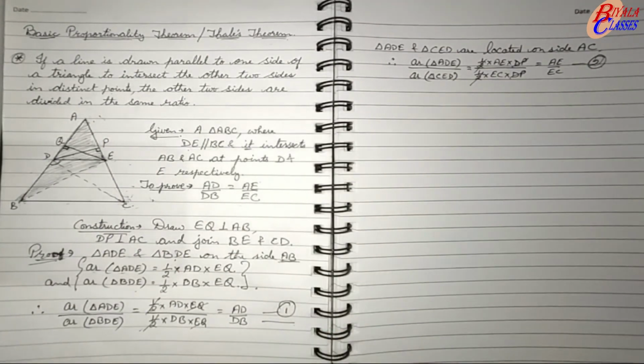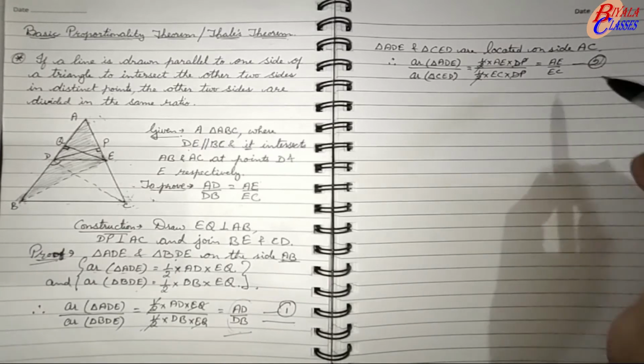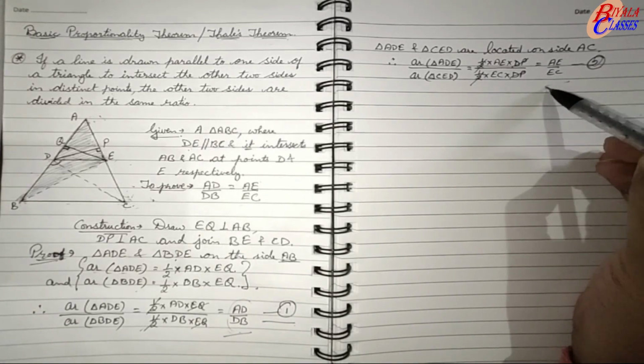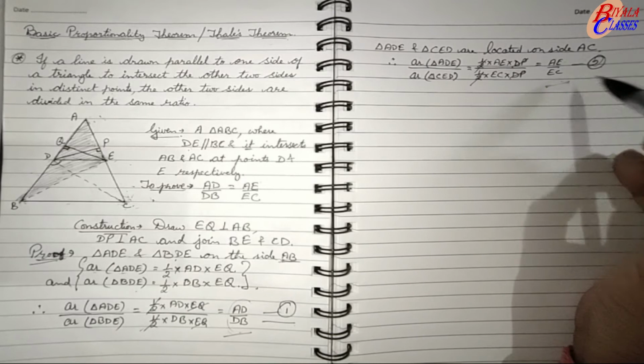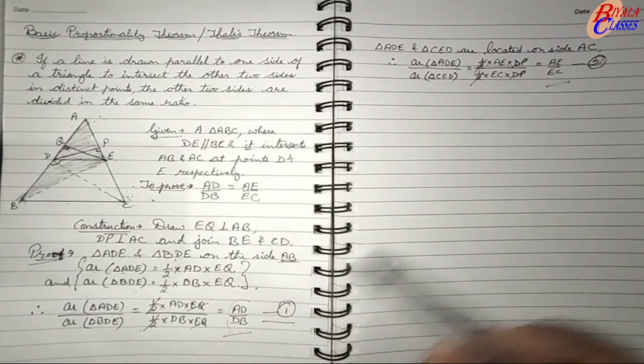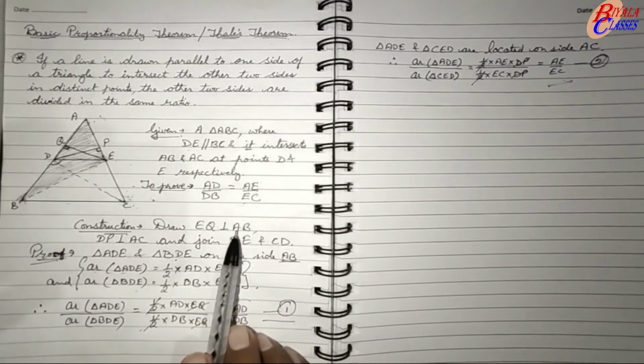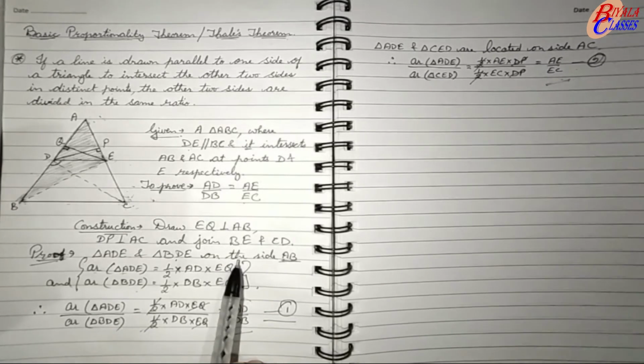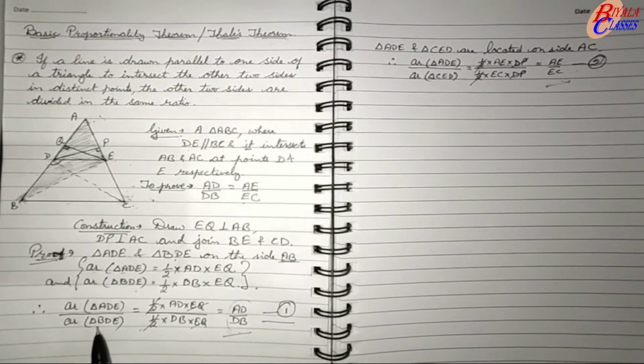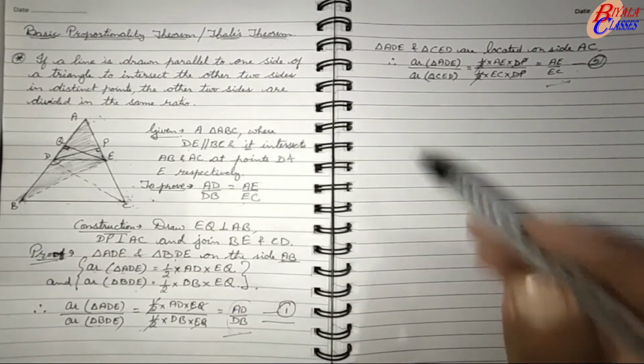So we have got two equations, and if you see here, the right hand side of the first equation says AD upon DB, and the right hand side of the second equation says AE upon EC. So we have to prove that these two are equal. This is what we have to prove. Now in order to prove that these two are equal, we have to prove that the left hand sides are equal.